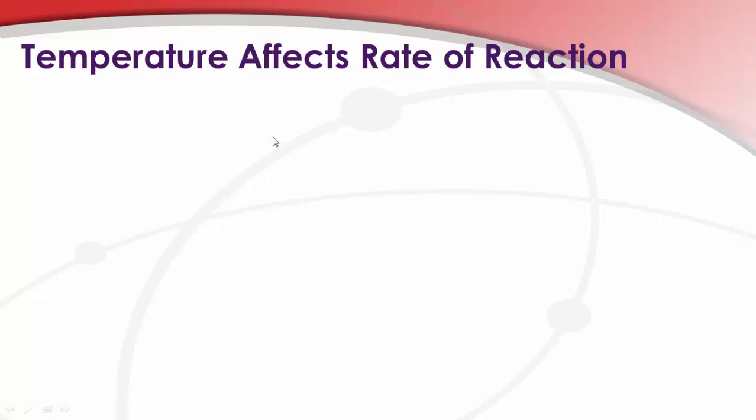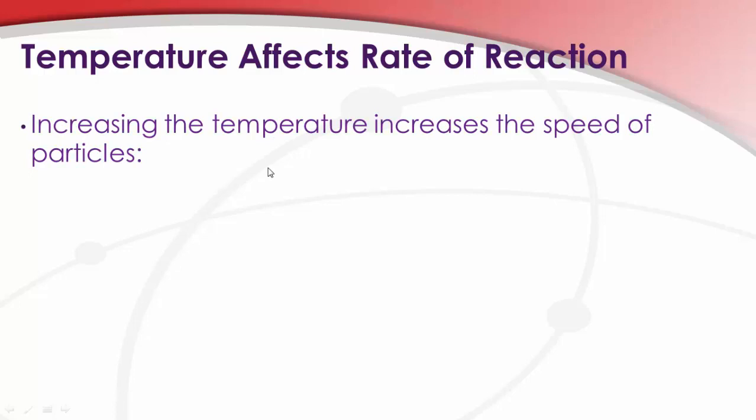So temperature, we need to think about what has to occur. What conditions are necessary for a reaction to happen? Now, increasing the temperature of a gas or a liquid increases the speed that the particles within that sample move.